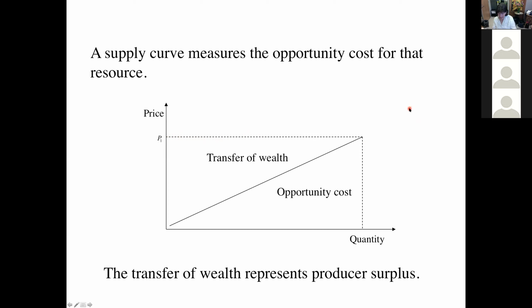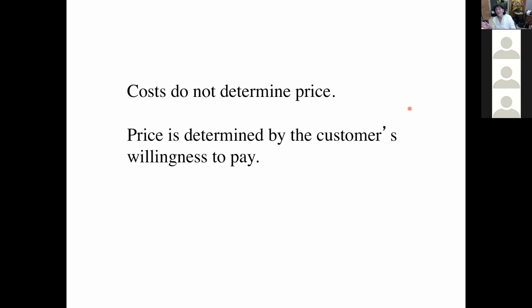So some of us are conditioned to think, oh, the prices in Safeway or Foodland went up because costs went up. No. How much I'm willing to pay for something may not be at all a function of the cost. For some of it, it may be very important, but for some of us, maybe not. So when I go into Safeway, don't just automatically assume that the price went up because costs went up. Not always automatic.